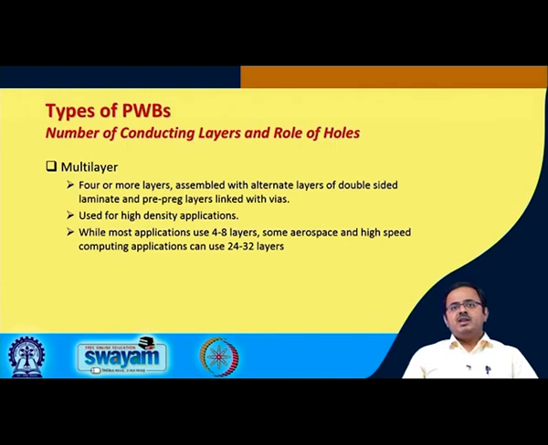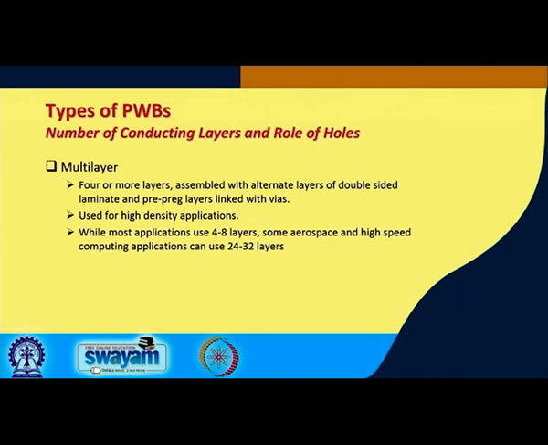So, the analogy that I can give for a multi-layer board is like, if you think of your city traffic, right. You have roads on the ground, but sometimes there are so many places to be connected in so many different ways, and so many cars and buses and trucks have to go, that you run out of space on the ground, right.